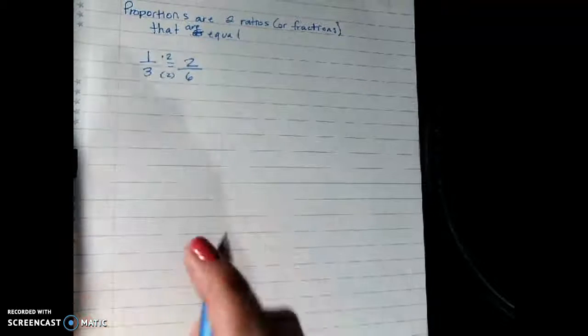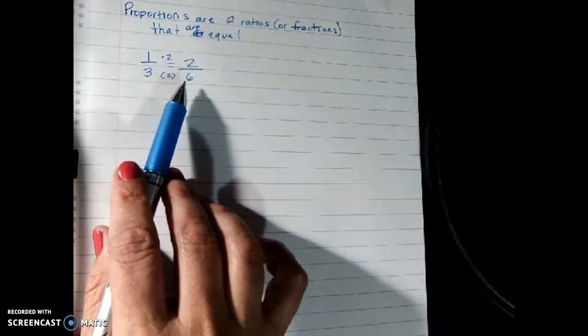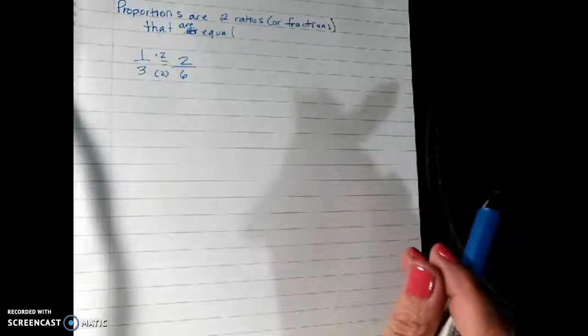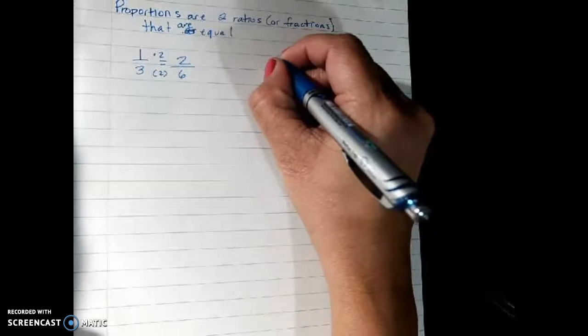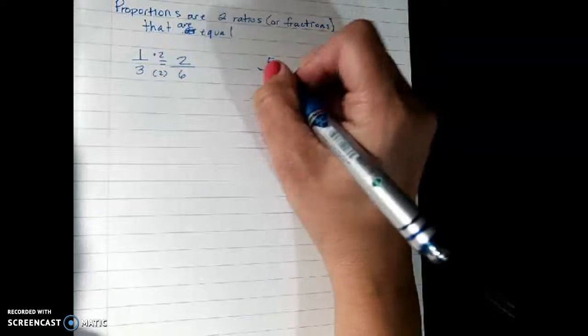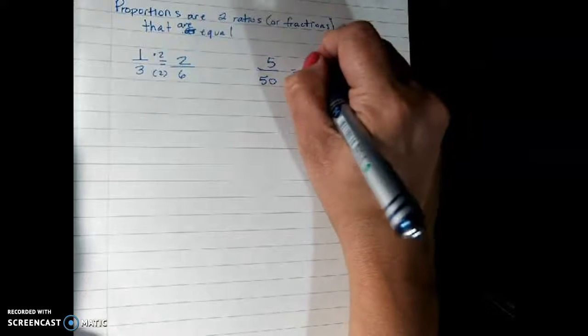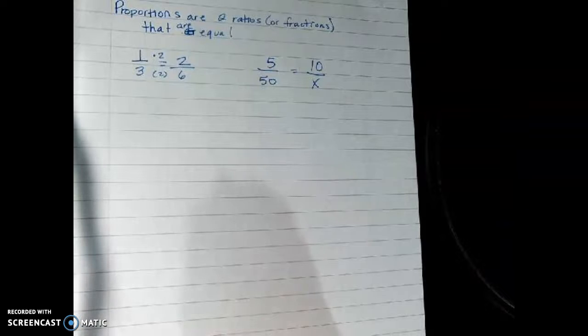All right. Now, there's several ways to show you how to do proportions. I'm going to show you one way so you don't get confused. So if I have a proportion, 5/50 equals 10/x.